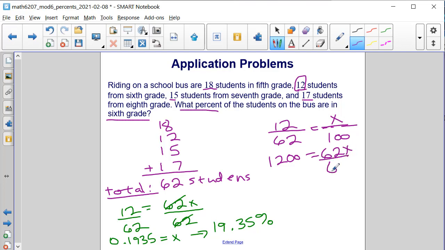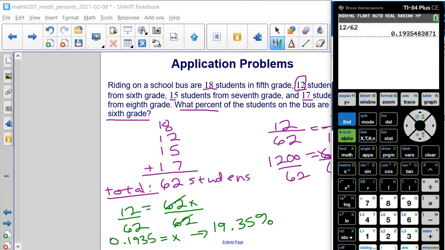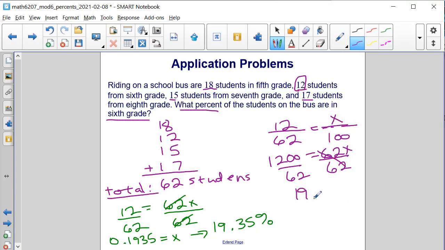And then if you divide both sides by 62, this time if we do that in a calculator, 1200 divided by 62 will give it to us as the percentage, 19.35%. So you could do it in either format and you still get the same answer.